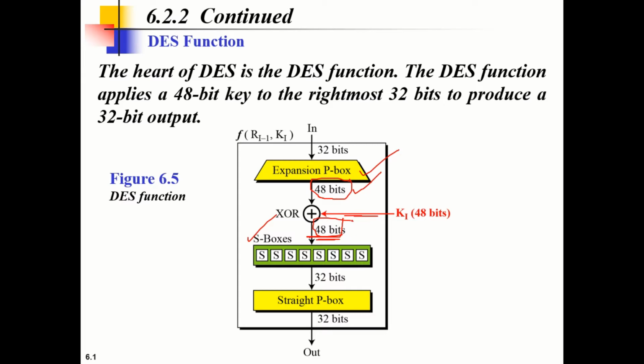For its calculation with this key, we made this 32 bits into 48 bits. But after we get the output from this function, we need to XOR this output with the left part of the plain text. So we need to convert these 48 bits to 32 bits, and for that purpose we require these S boxes. Now we'll see how these S boxes work.